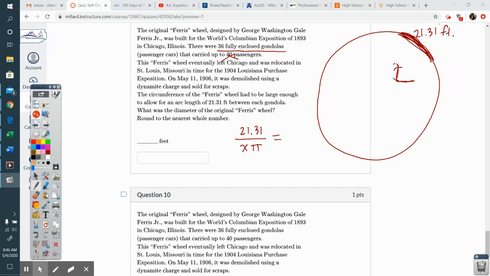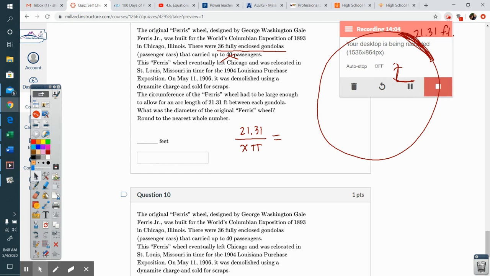Just one second, I'm trying to write something down right here. Okay, so if we are trying to figure out this other proportion, we've got to get what this angle is. If you have 36 gondolas that come around, and the total is 360 degrees of a circle, then you take 360 divided by 36 and you have 10 degrees, divided by the total, which is 360 degrees.